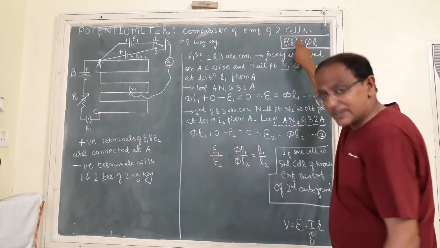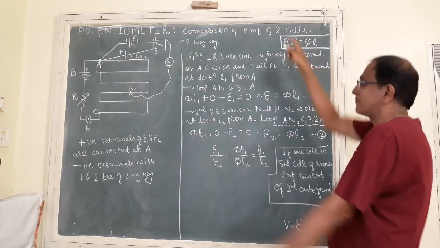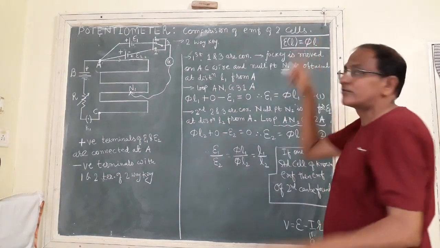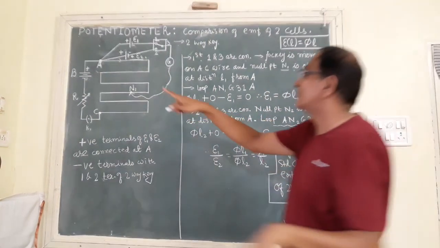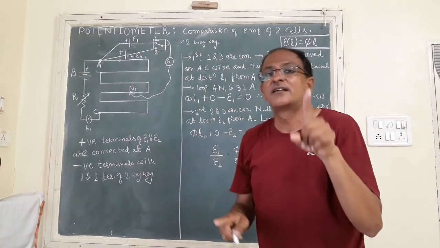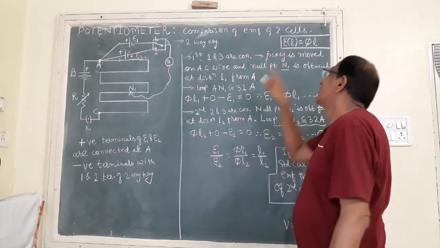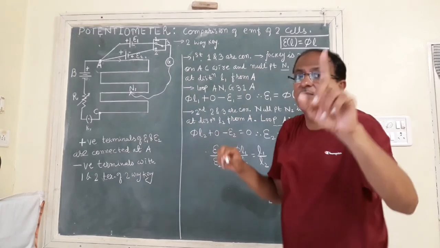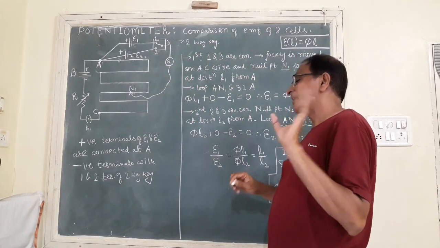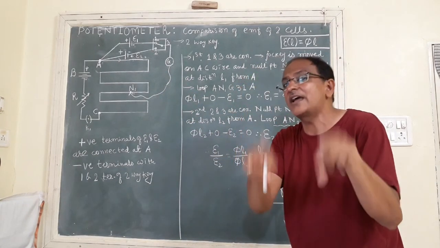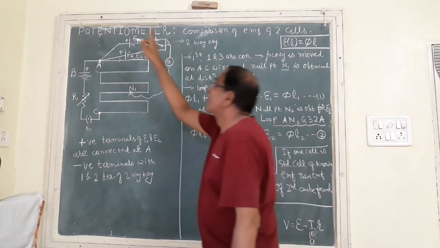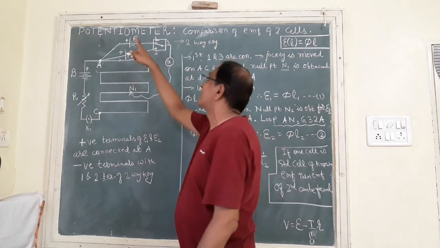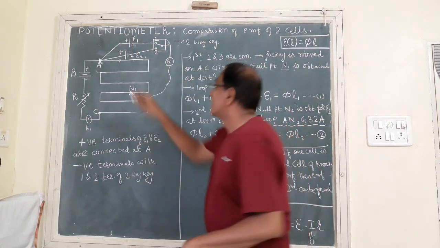According to our concept of the potentiometer, the potential difference between A and N1 will be phi into the length of A N1, and that length we have as L1. So the potential drop between A and N1 will be phi into L1. That potential drop phi L1 must be equal to the electromotive force of the first cell, E1.